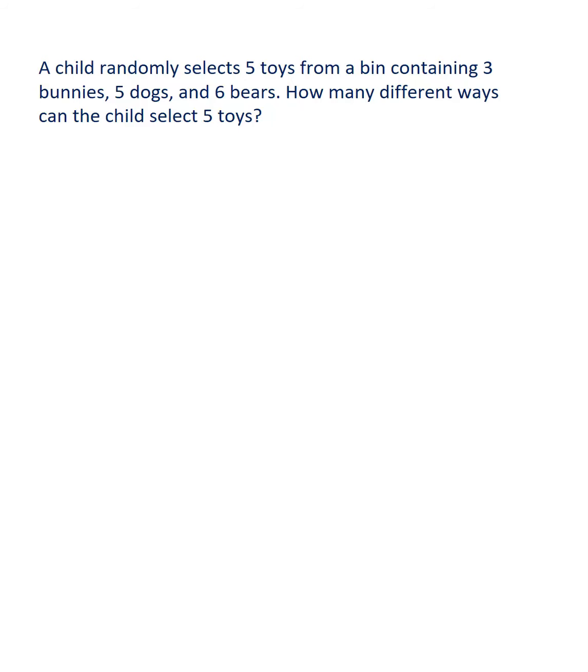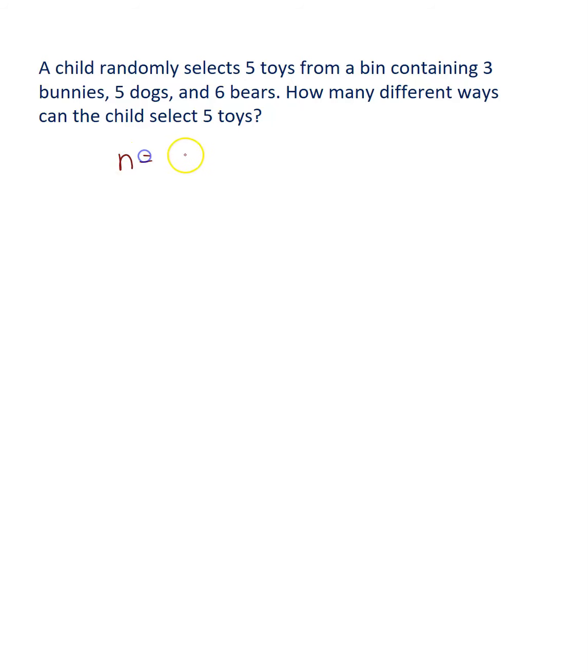So it doesn't matter in what order they appear. If the order doesn't matter, then we don't have to duplicate the order, meaning a bunny, dog, bear, and a bear, dog, bunny. If you switch the order, it still doesn't matter, because the child just wanted 5 toys.